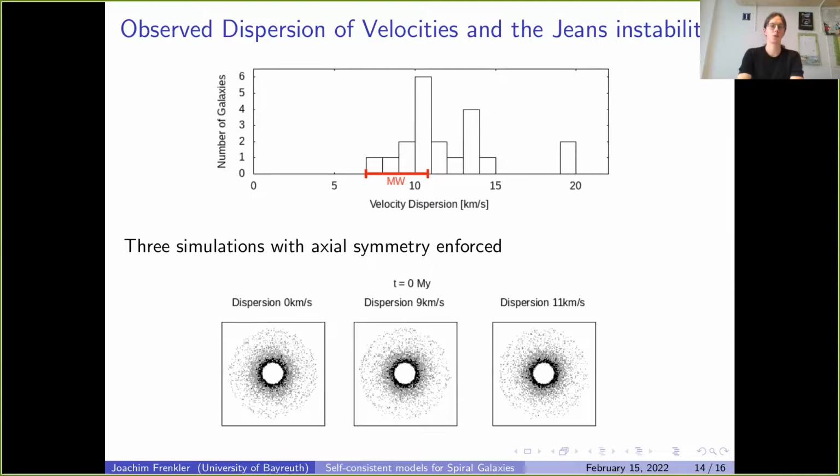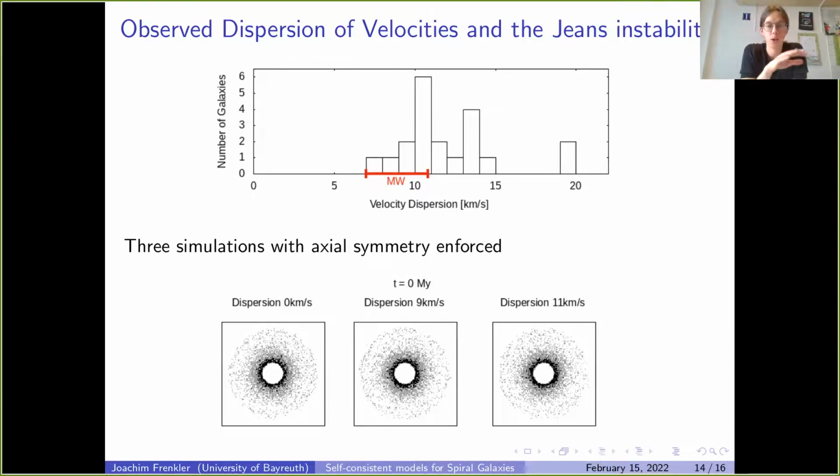And therefore, I want to show you the second instability that can be present in these models in action. Here I show you 3 simulations where I have enforced axial symmetry. This I have done to suppress the formation of spiral arms.